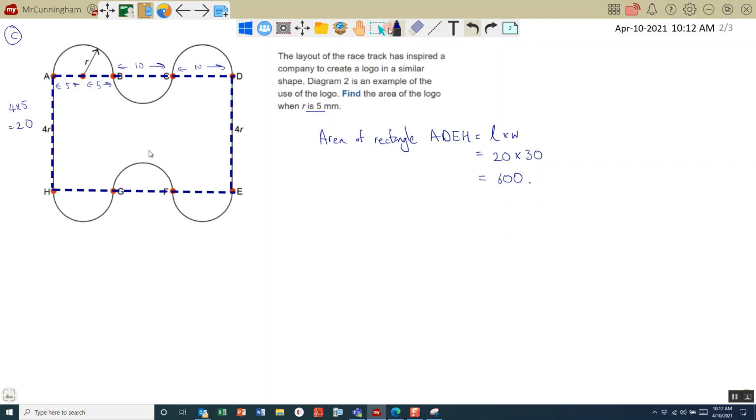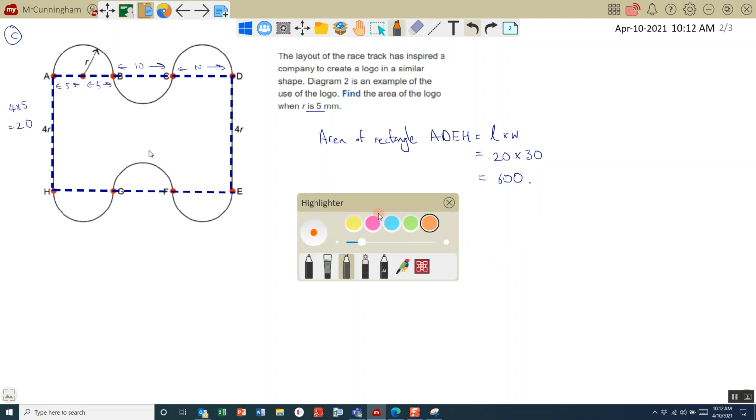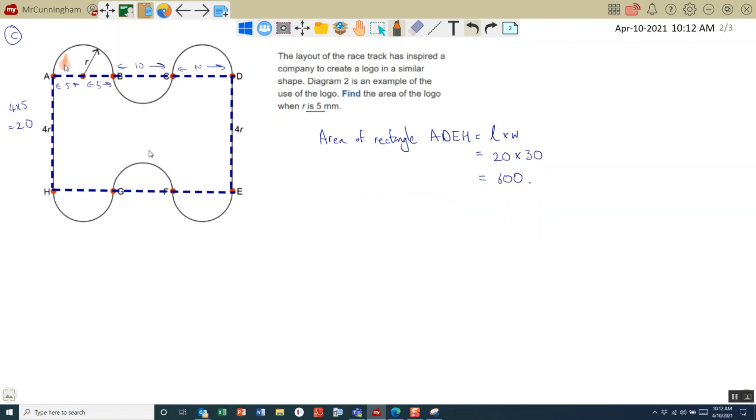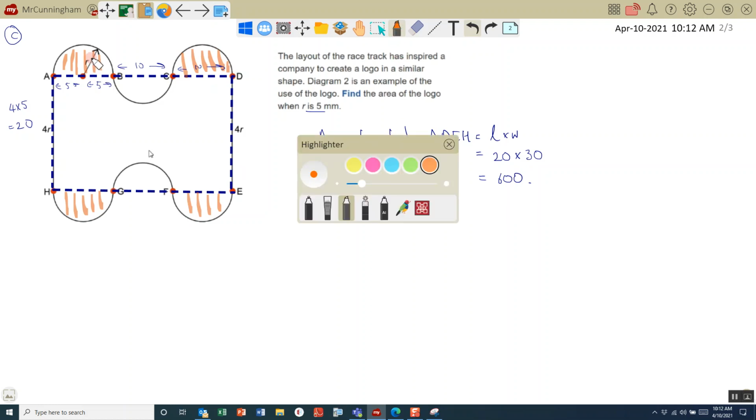Now we also need to include, so if I just get my highlighter, I need to also now include the area of 1, 2, 3. Need to include that. But how many circles is that? That's 1 circle, 2 circles.